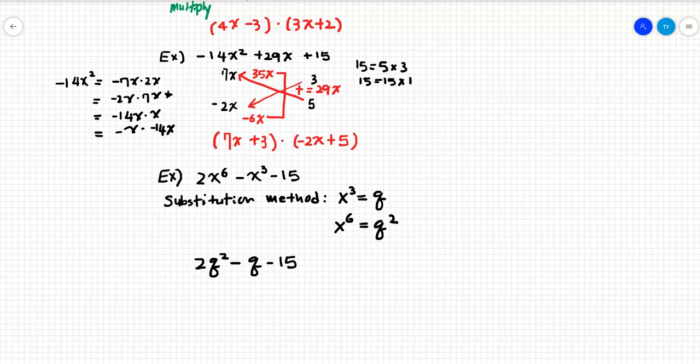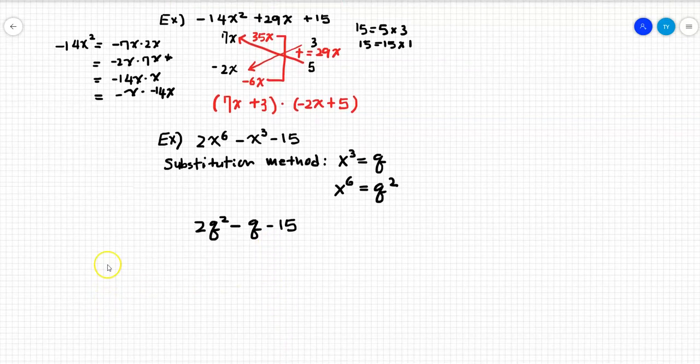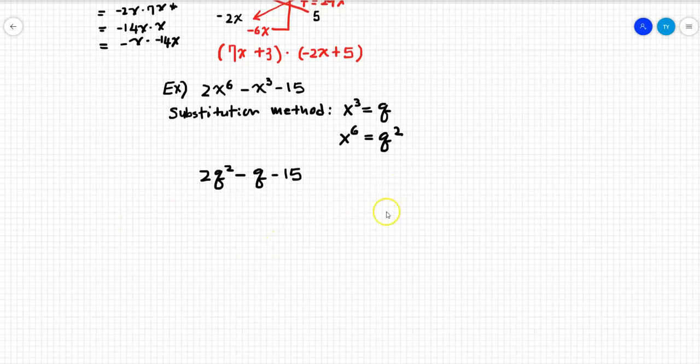One thing that we have to remember is that when you finish factoring this, you're going to have to go back and replace that with x, because we started with x, right? So here, 2q squared is simply 2q times q. Now the 15 here is going to be 5 times 3, or 3 times 5. Or 15 is going to be equal to 15 times 1.